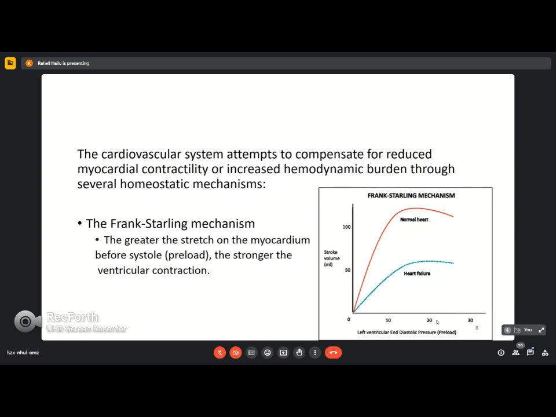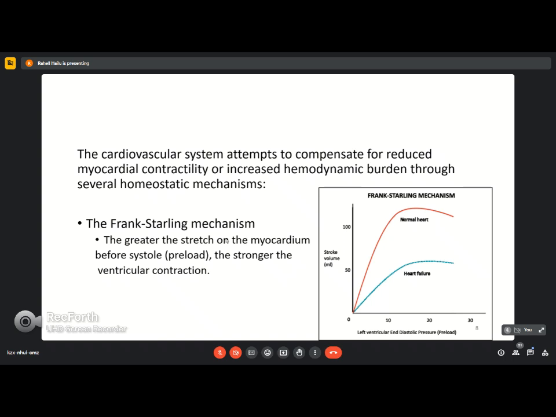So the compensatory mechanisms in the cardiovascular system. The first one is the Frank-Starling mechanism, in the normal heart. What's the Frank-Starling law?